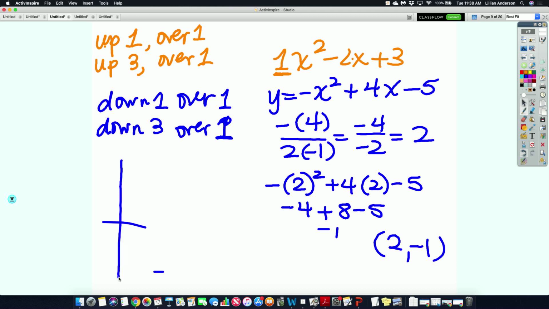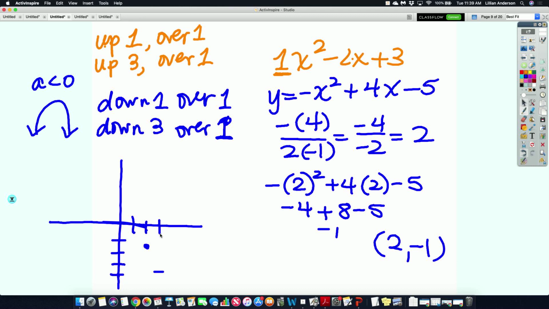So when I graph this, I'm at 2, negative 1, and this graph should open up or should it open down? Down. How do you know? Because negative 1. It opens down because A is less than 0. So from there, I do the pattern. What's the pattern? Down 1 over 1, and then?